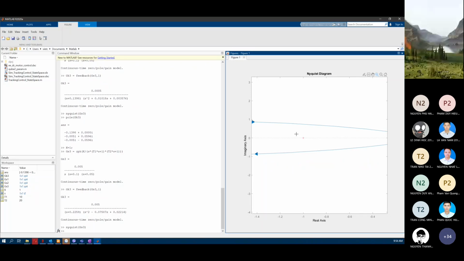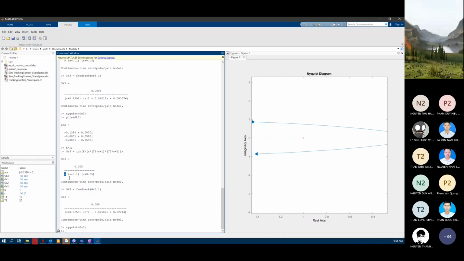But we don't have any poles of the open loop system on the right half plane. I made a mistake because we have s equal to 0 here, which is another case. Okay, that is the way to use the Nyquist diagram in order to analyze the stability of the closed loop system.